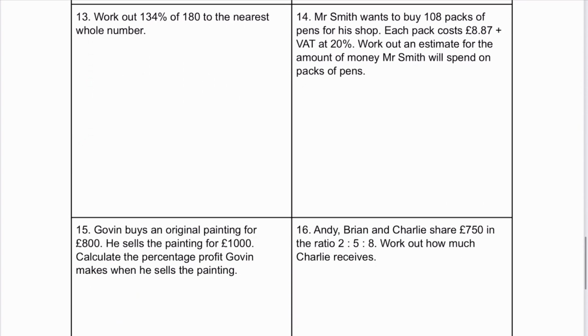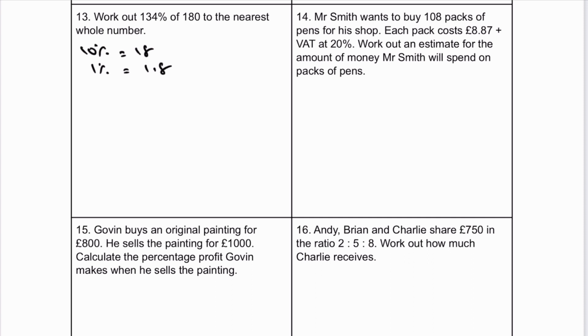Work out 134% of 180. Okay, probably the easiest way of doing this is to concentrate firstly on the 34%. So I'm going to do 10% equals 18, which also means that 1% must equal 1.8.